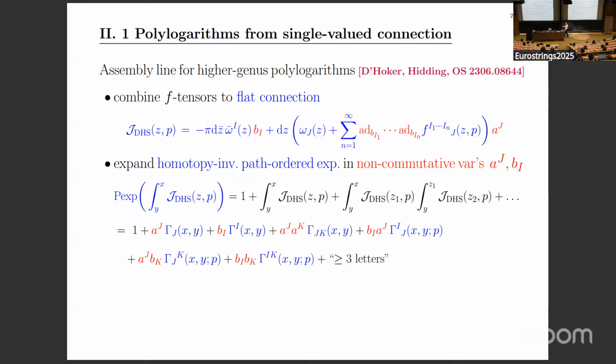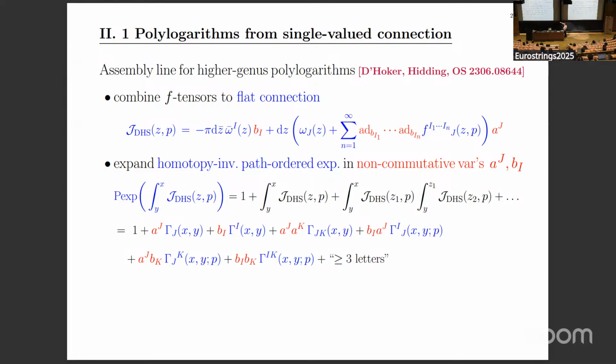You look at the solution to the differential equation, d of that is the flat connection times the same path-ordered exponential. So this is defined as a series of iterated integrals. Here we integrate the connection once. Here is a double integral, and I leave it to your imagination how it goes on. So this is completely explicit since you know what the connection is.